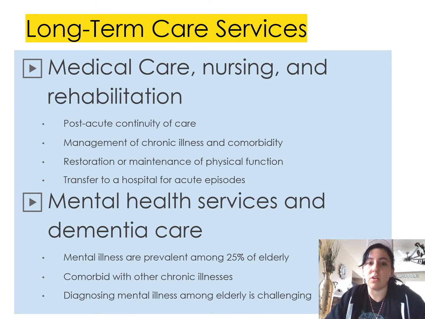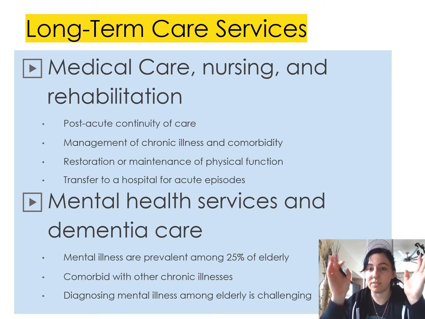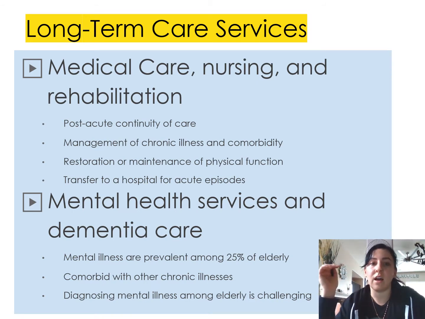Long-term care services, like I said before, focus on a variety of different types of services provided to the long-term care patient. On one side we have all the medical care: medical care, nursing, rehabilitation, and so on.